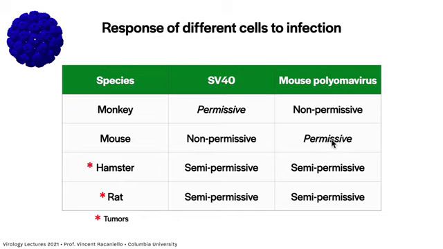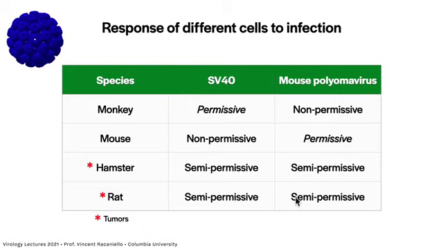They don't get transformed. However, if you infect hamsters or rat, either cells or the animals, with either SV40 or mouse polyomavirus, the infection is semi-permissive. All right, so let me redefine. Permissive, of course, means that the interior milieu of the cell will support virus production, the production of infectious virus particles. Semi-permissive means you get as far as, you don't get to DNA replication.